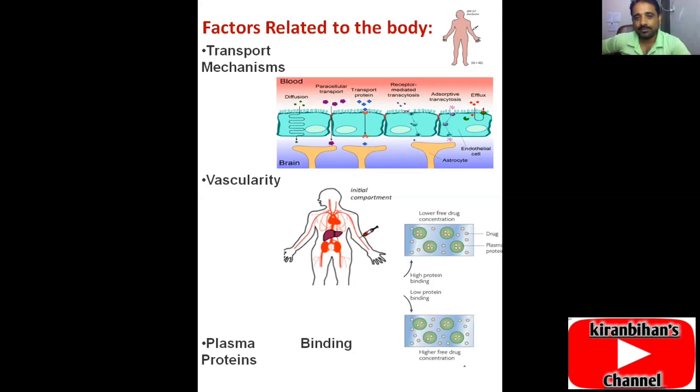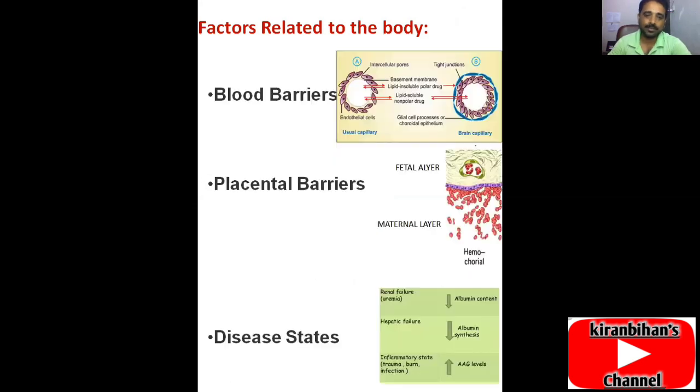If more albumin is available in a certain condition, then the free drug concentration will be lower, and the drug distribution will be lower. Conversely, drugs with low protein binding will have a higher free drug concentration, and the free drug is able to cross from one compartment to another. So if a drug has low protein binding, that drug will have higher distribution in the body.